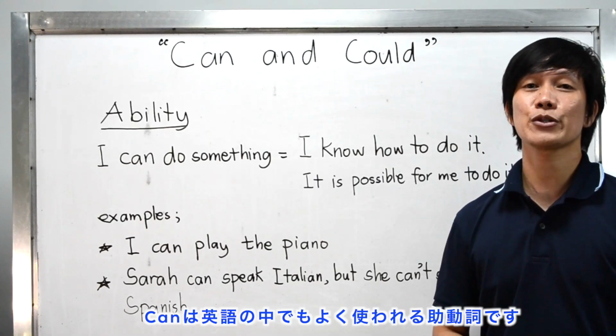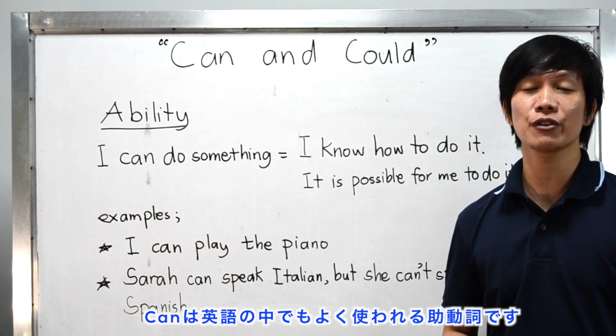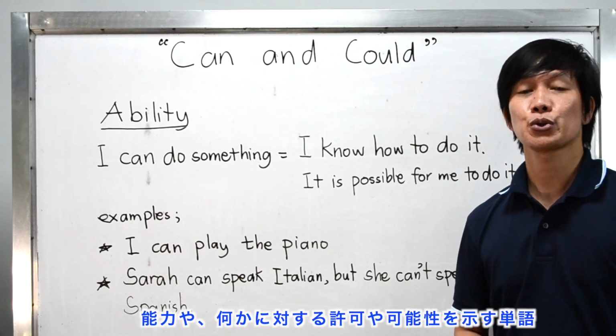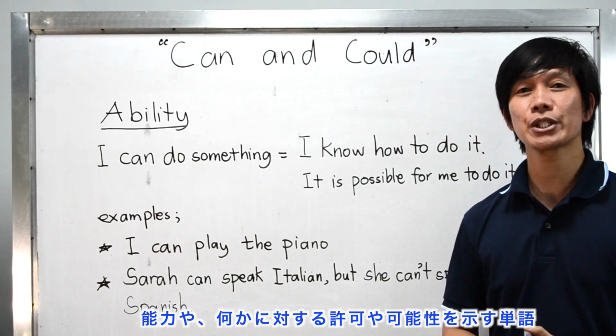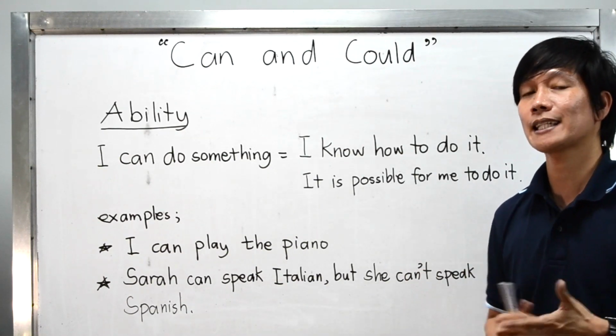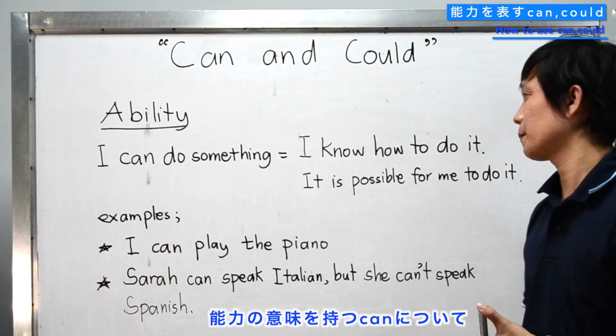So can is one of the most commonly used modal verbs in English. It is used to express ability, to request, to ask for permission, and to show possibility. So now let's talk about can used to express ability.